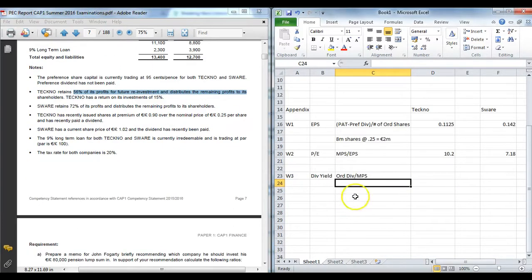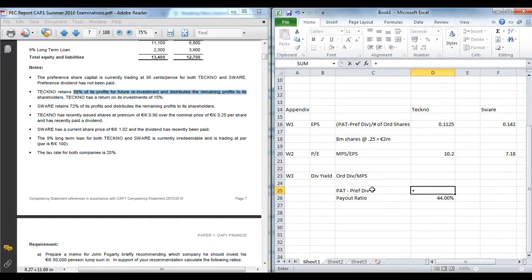So that means what's called the payout ratio must be 100% minus 56%. So for Techno, they pay out 44%, which is the full amount minus 56% to reinvest it, as dividend. And we know the amount, profit after tax minus the preference dividend.